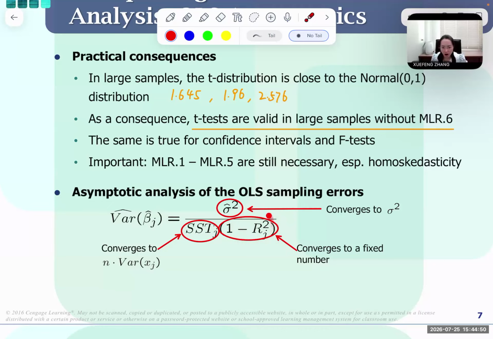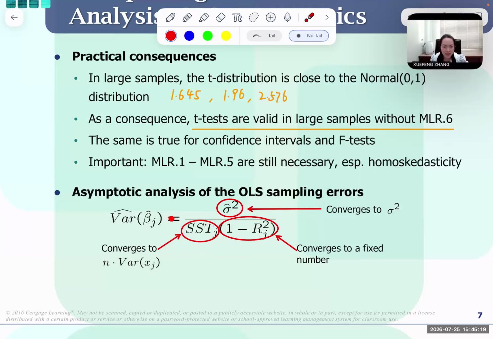Another one, R_j squared converges to some fixed number, reflecting how correlated x_j is with the other x's. So if we put them together, as n grows, the denominator grows, so the variance hat of beta j hat shrinks towards 0.